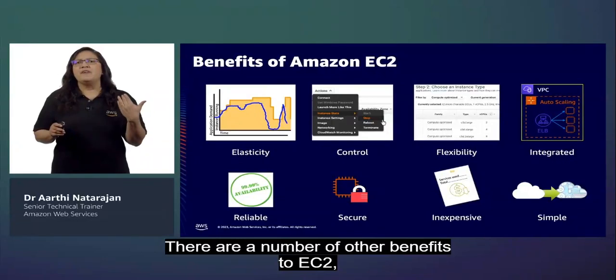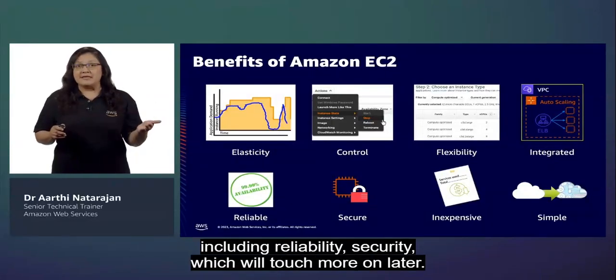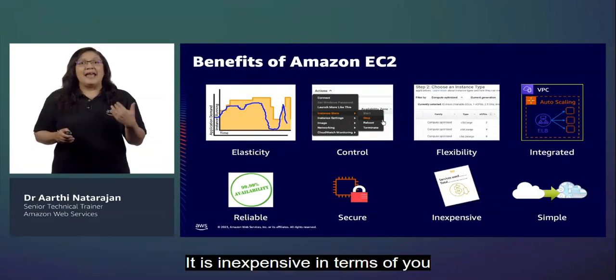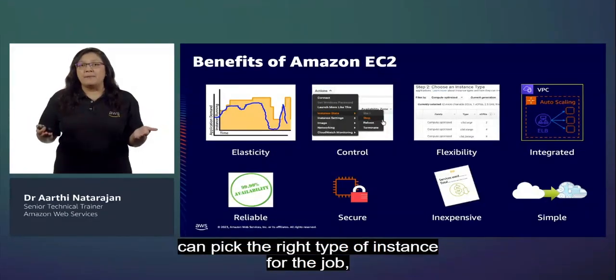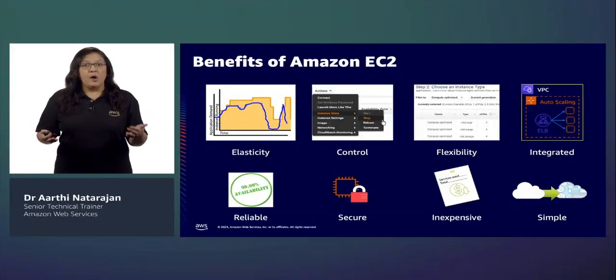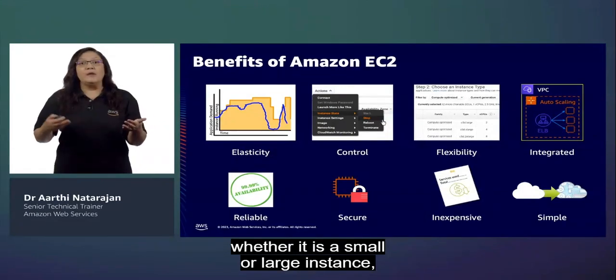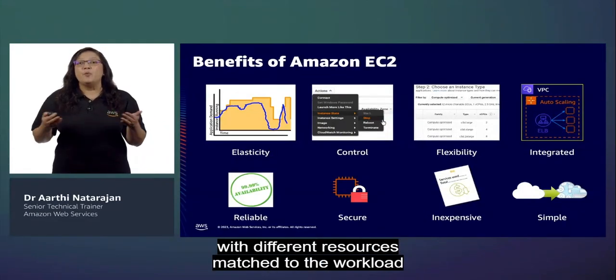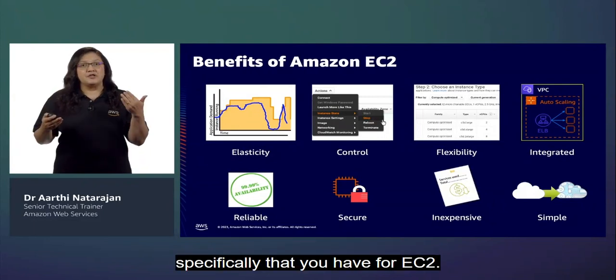There are a number of other benefits to EC2, including reliability and security, which we'll touch more on later. It is inexpensive in terms of you can pick the right type of instance for the job, whether it is a small or large instance with different resources matched to the workload specifically that you have for EC2.